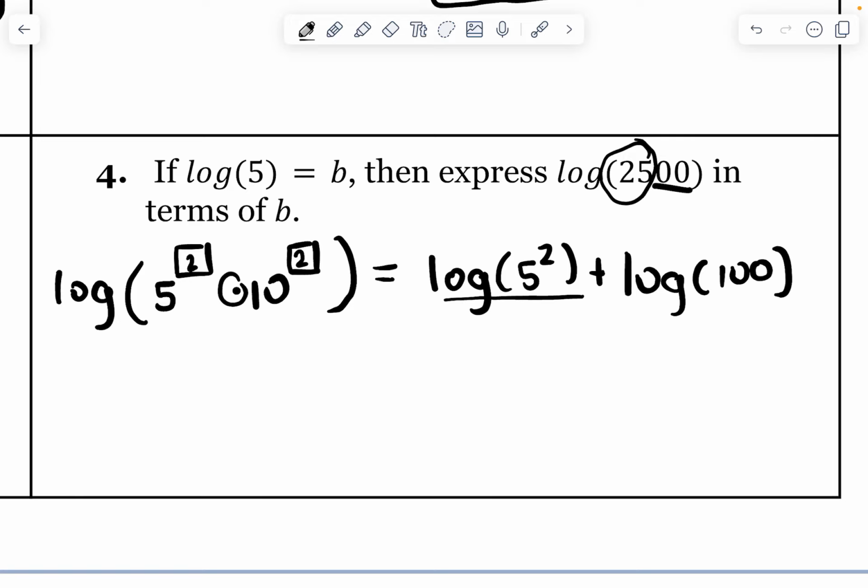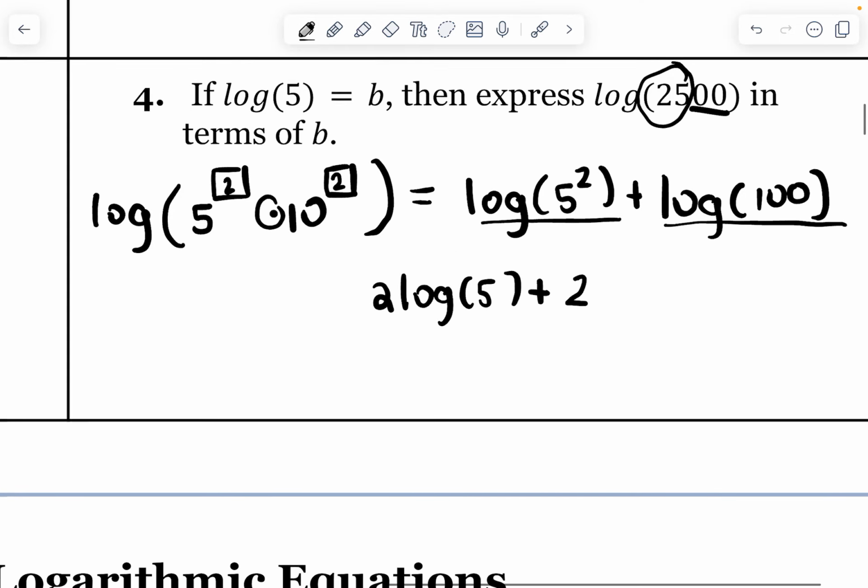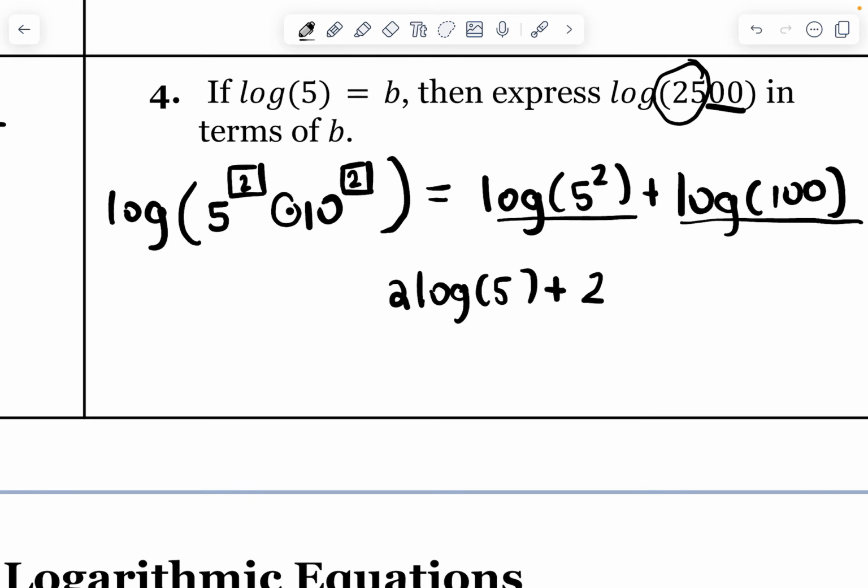What does that become? I can expand this a little bit more so that it's 2 times log of 5 plus, oh my gosh, what's log of 100? Log of 100 is just 2. Why is log of 100 2? Well, the invisible base here is 10.